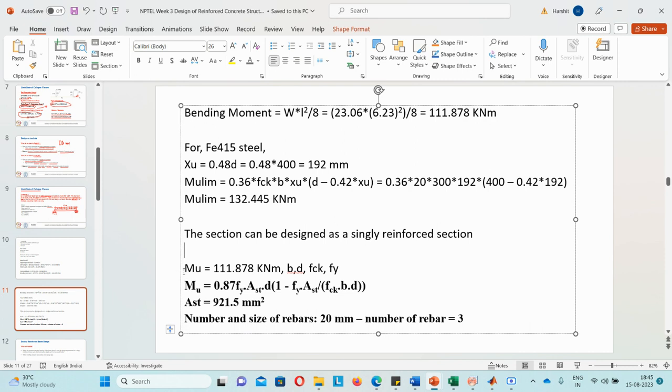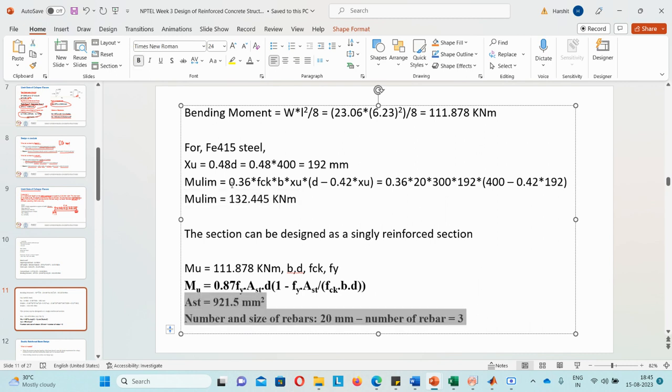Until we know the area of steel, how can we check whether the section is under reinforced or over reinforced? So what you can do ahead, since you have provided this number of rebars and this size of rebar, you can back calculate and check whether the section is under reinforced or over reinforced. You know the limiting value of moment. You can calculate the moment of resistance from the design parameters that you have right now.